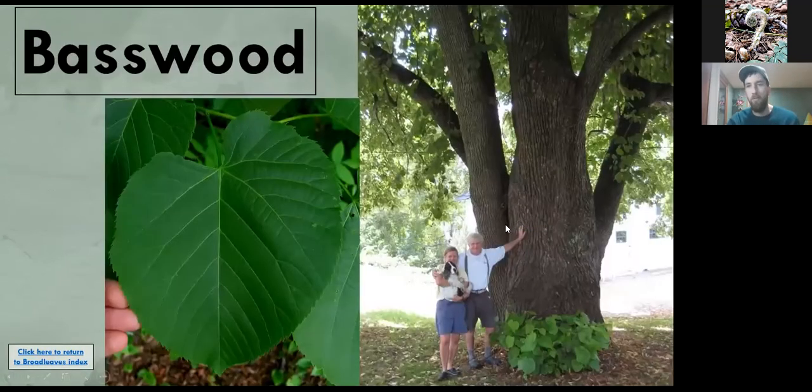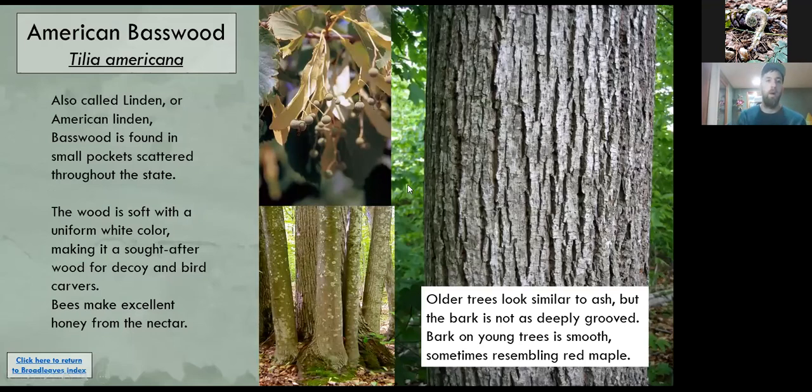But here we have a sort of unique tree, basswood or American linden. One great thing about basswood or American linden is it's a really great site indicator. If you're walking through your woodlot and you're identifying a lot of basswood, that tells me, or any forester or anybody with knowledge of site characteristics, that you have a high quality site.